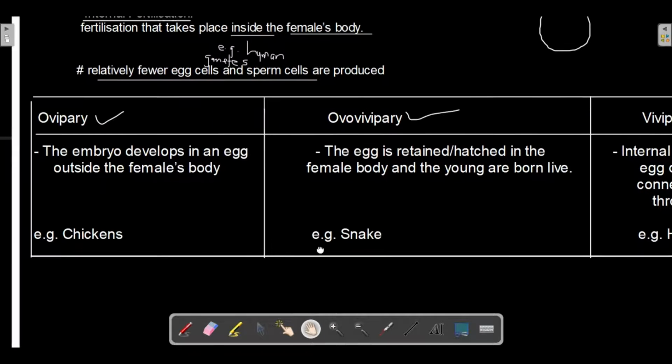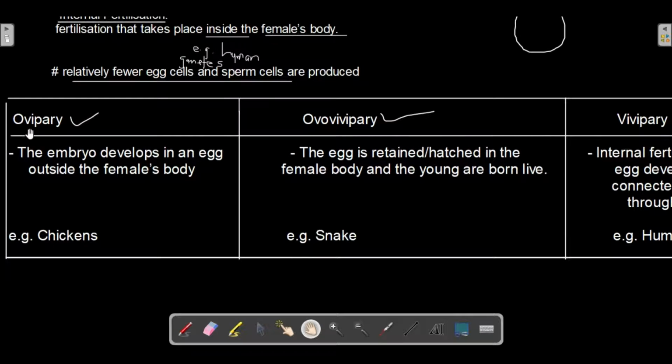Oviparity: these are organisms in which the embryo develops in an egg but outside the female's body. So what organism do we know of that practices this reproductive strategy? Of course, chickens.